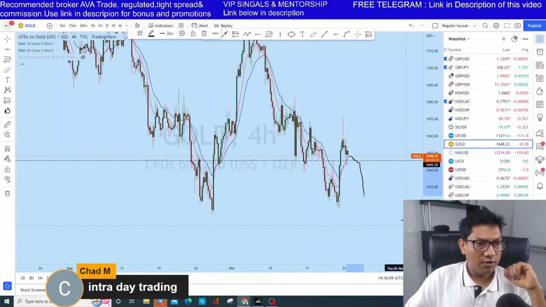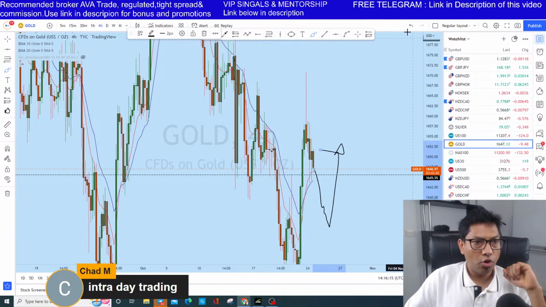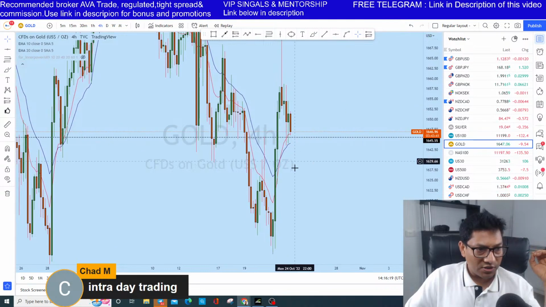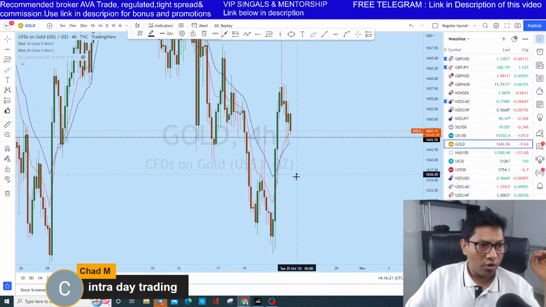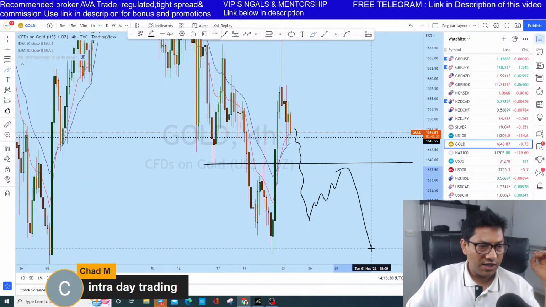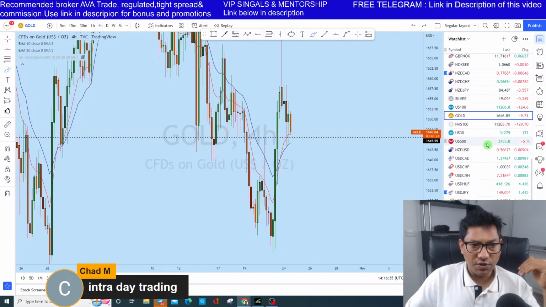If it is a valid move, then from this level we could see a very strong rejection. So this is how trading is. Until we see a strong rejection, we will not buy, or until we see that the price has melted to the downside and is retesting this zone again, then I will be selling. That's how trading is. You need to wait for the proper confirmation.